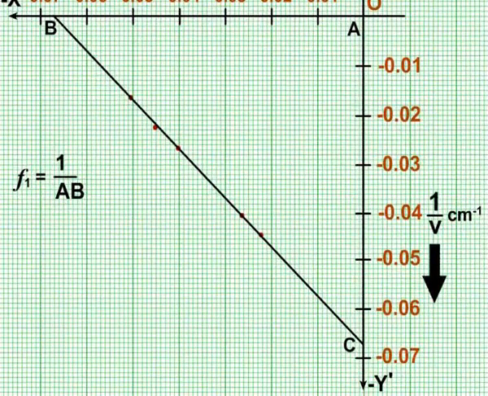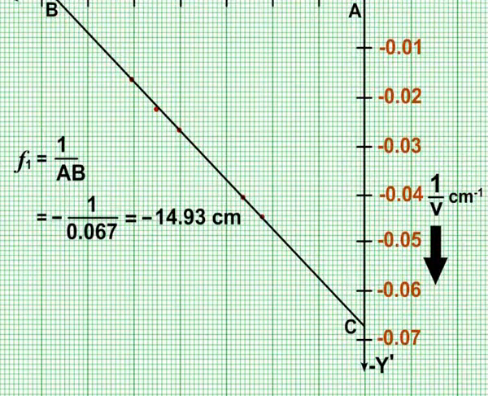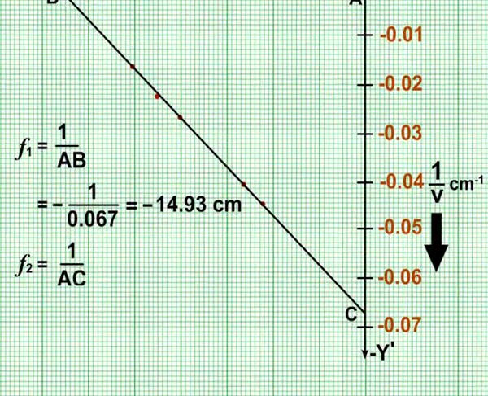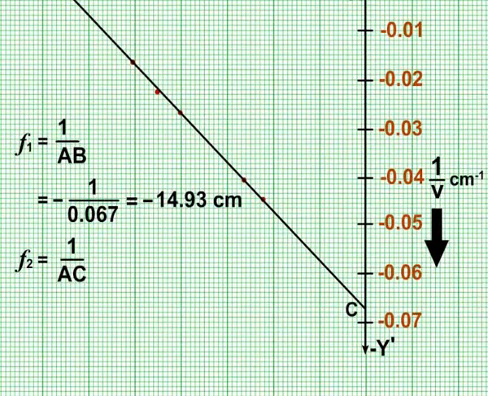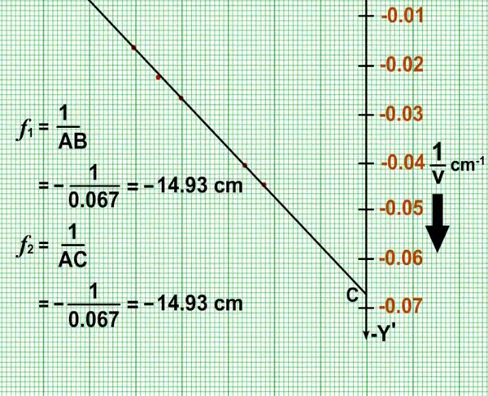We calculate the focal length for both the intercepts one at a time. F1 is equal to 1 upon AB, equal to -1 upon 0.067, which is equal to -14.93 centimeter for the given case. Similarly, F2 is equal to 1 upon AC, equal to -1 upon 0.067, which is equal to -14.93 centimeter.